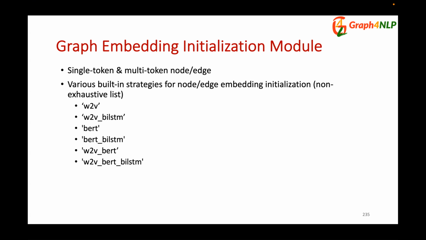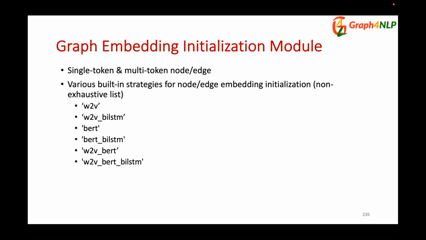And here the W2V BiLSTM means that instead of doing average, we can apply a BiLSTM model to the text sequence of the node to initialize its embedding. We can also try to leverage the BERT embedding. For example, in this W2V BERT BiLSTM, we use both the GloVe embedding and the BERT embedding to initialize each token in the node.